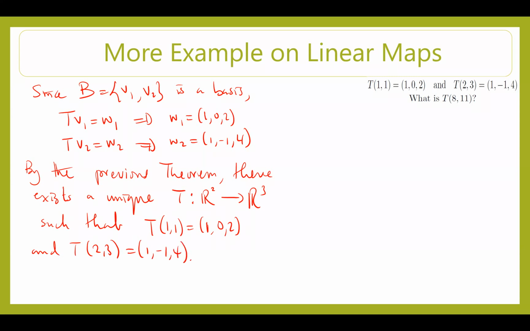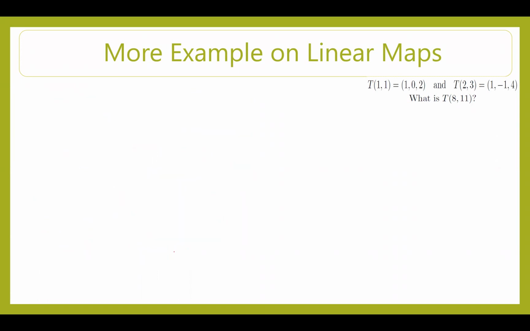All right, so let's find T of (8, 11). If this is true, then you should be able to find it. In order to find T of (8, 11), we first need to show that (8, 11) belongs to the span.